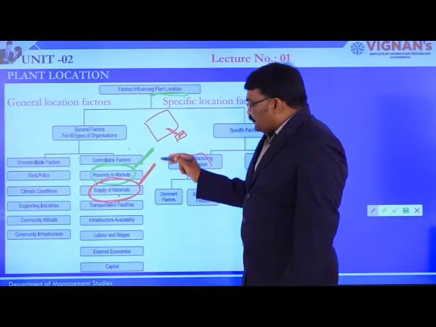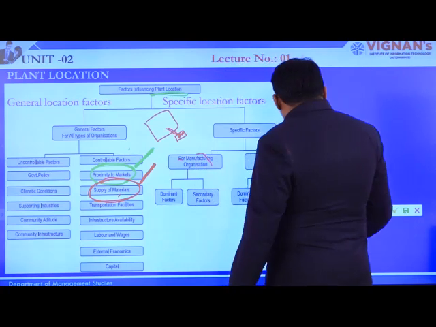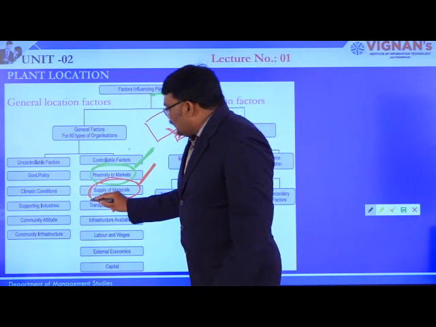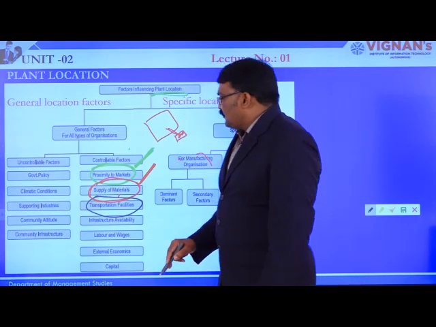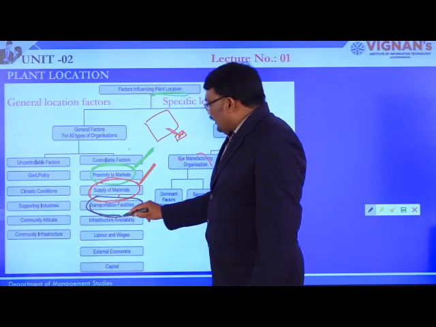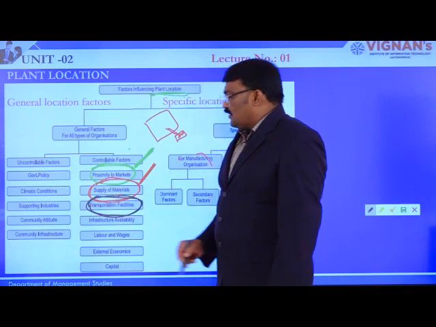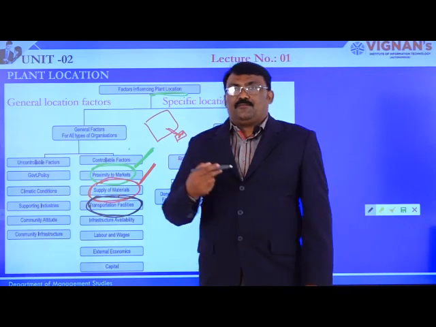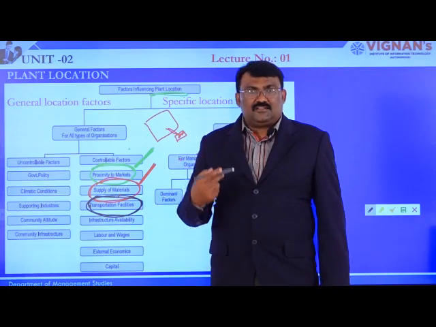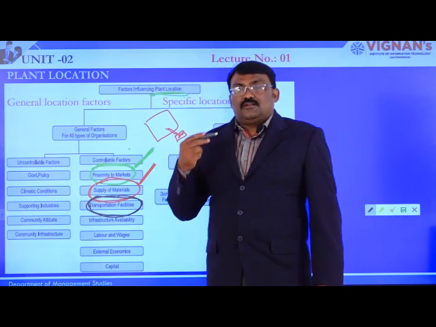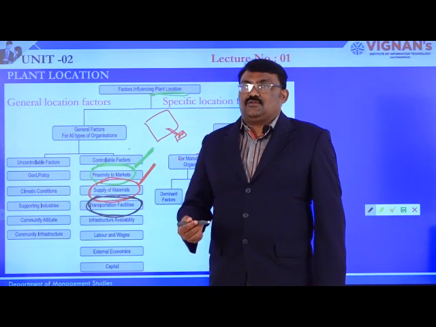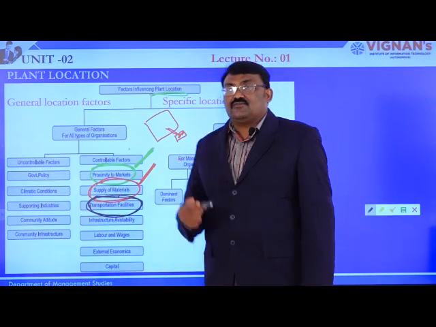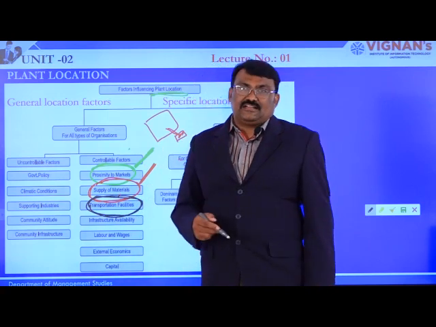Okay. Now, coming to the transportation facilities, right? Under transportation facilities, what we see is the employees or the workers, who come to the company to work. While establishing that particular location, they need to see whether there are transportation facilities.